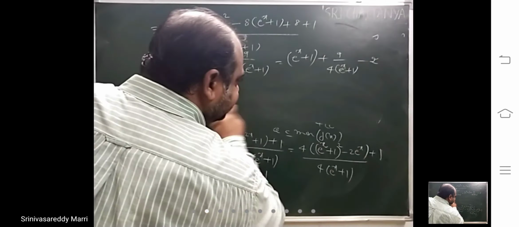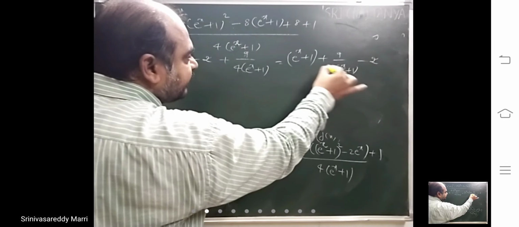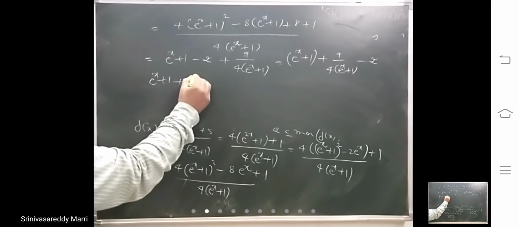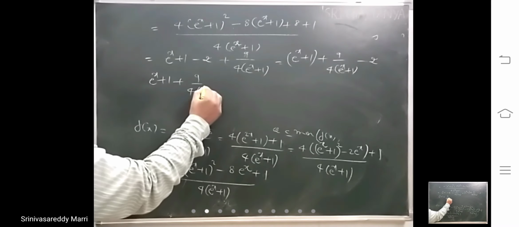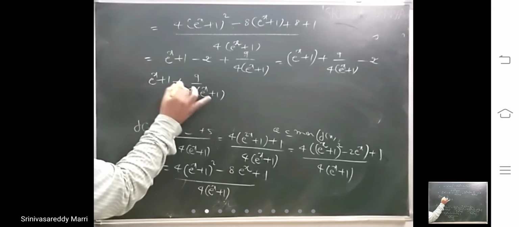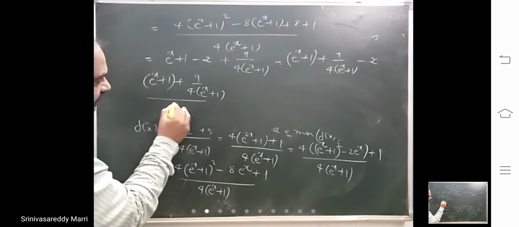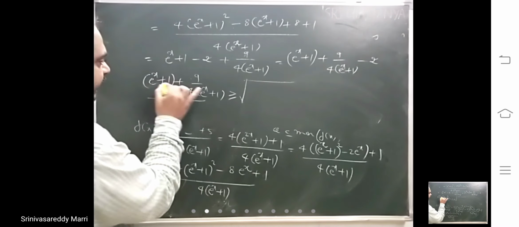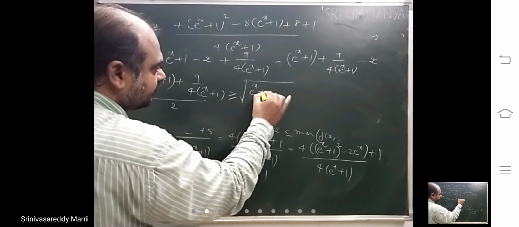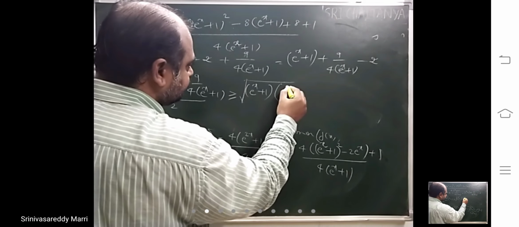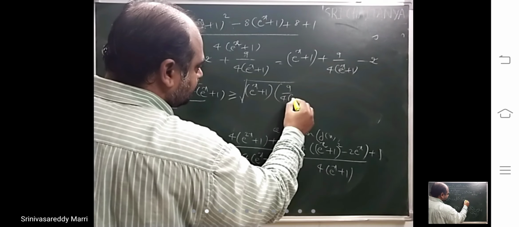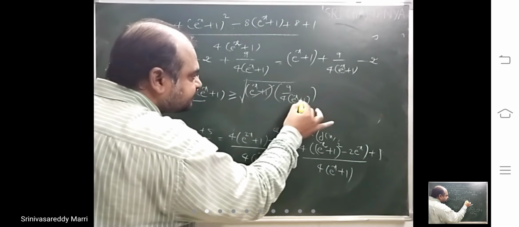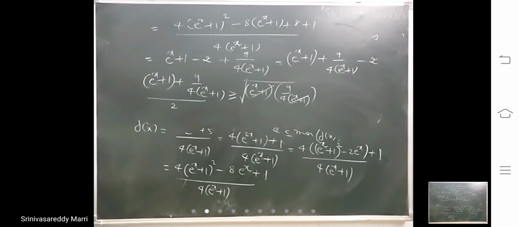Why I have done it like this is, for this and this I am applying arithmetic mean greater than or equal to geometric mean. This is A, this is A, this is B. A plus B by 2 greater than or equal to root of A into B. So this e power x plus 1, this e power x plus 1 will get cancelled.